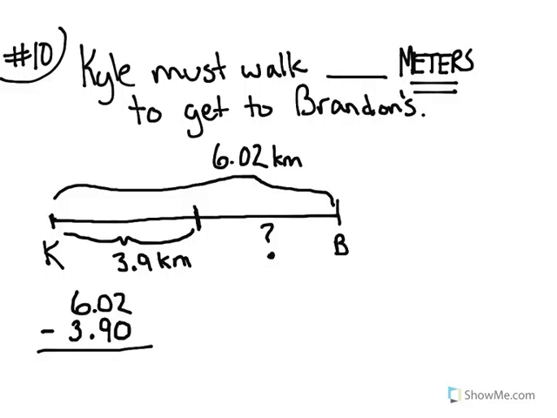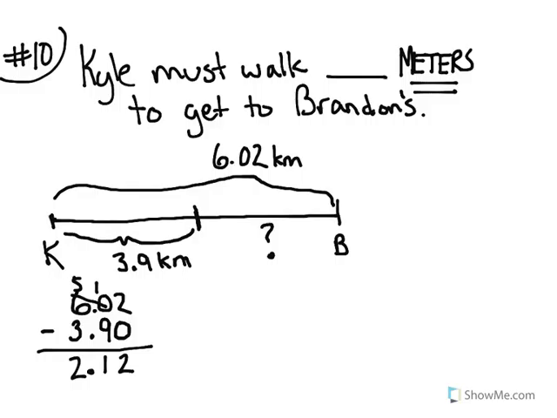Now I can subtract. So when I subtract, I am going to get 2 12/100. Notice that I brought down my decimal point because that's the rule. I'm going to line it up and bring it down into my answer. That's for adding and subtracting.